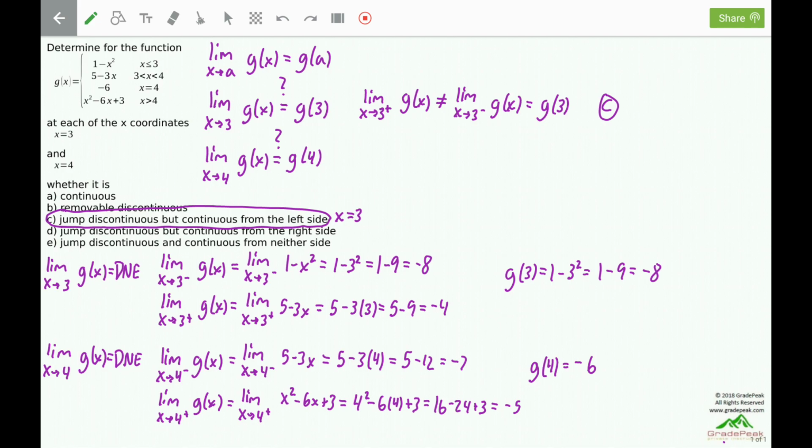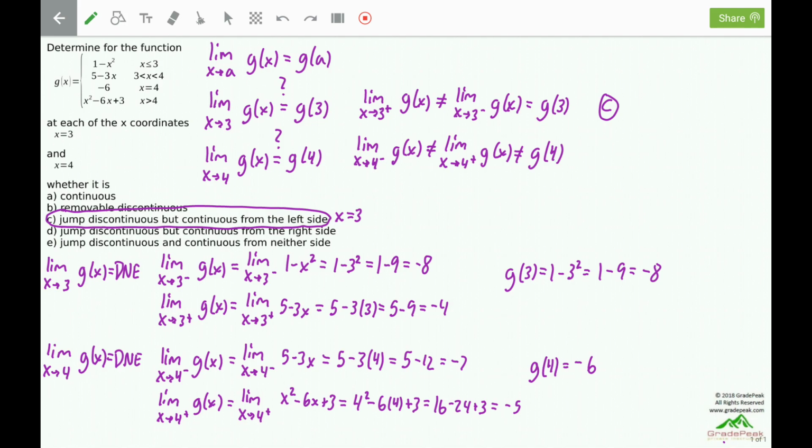So to recap the results for the x-coordinate of 4, we have the limit as x approaches 4 from the left side of g of x does not equal the limit as x approaches 4 from the right side of g of x, and this does not equal g of 4 either.